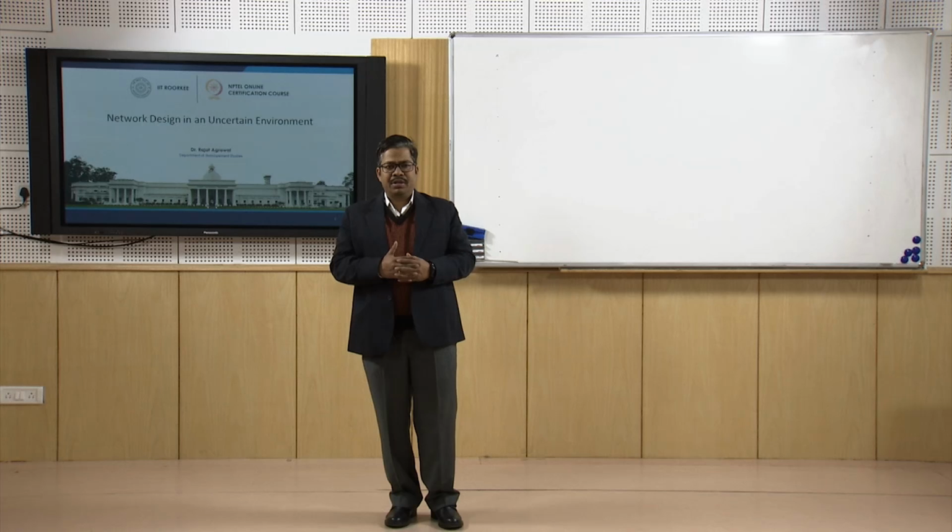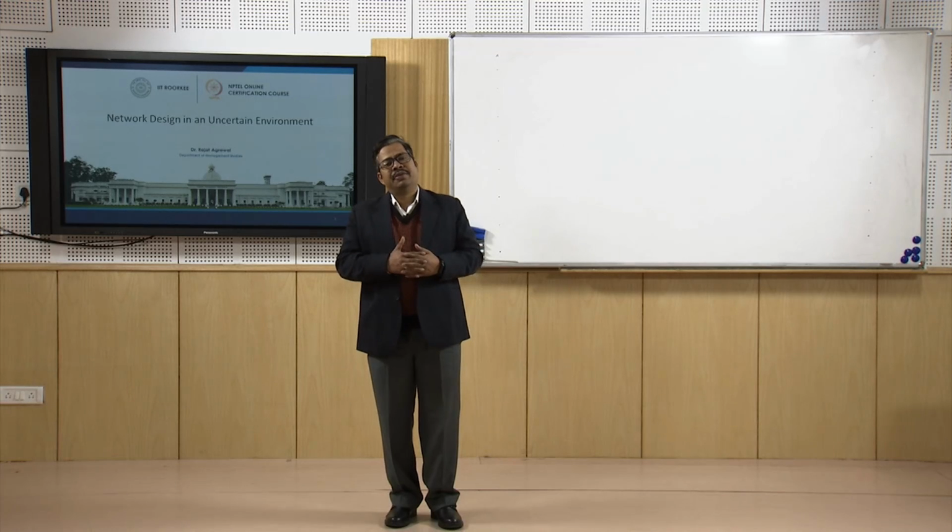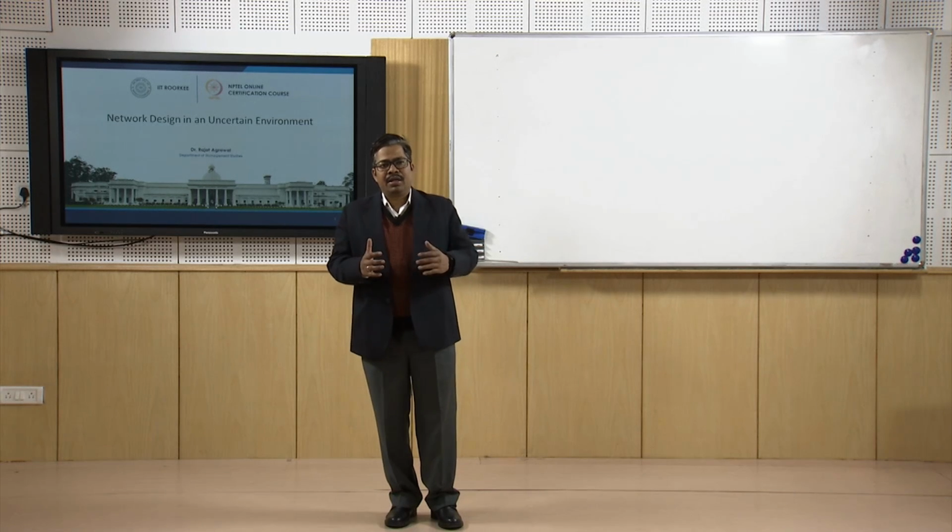If you have 3 A's in your supply chain, if your supply chain is adaptable, it can align, and it is agile. So these 3 A's we discussed in detail in our earlier two sessions.